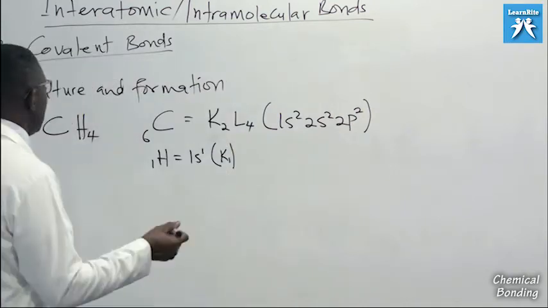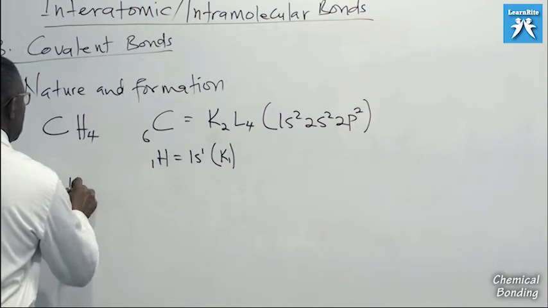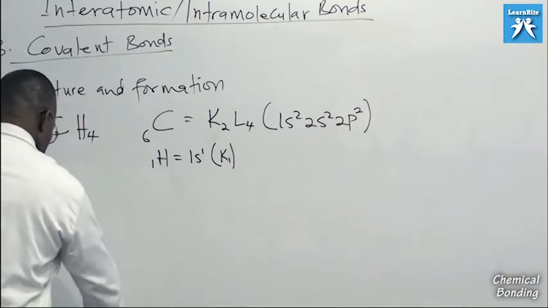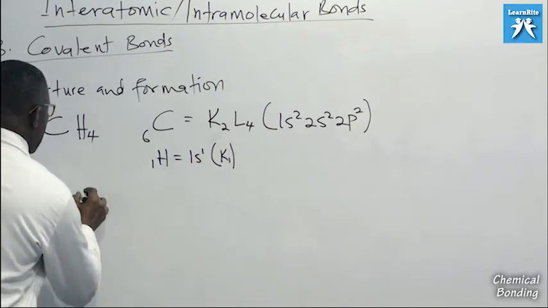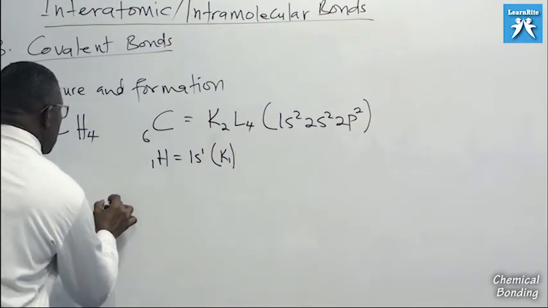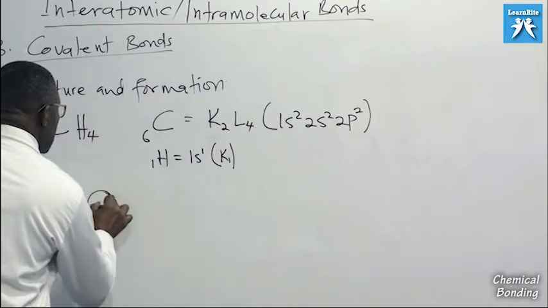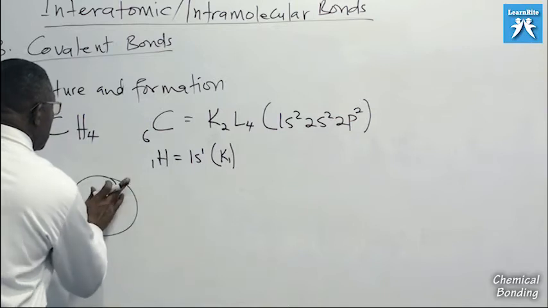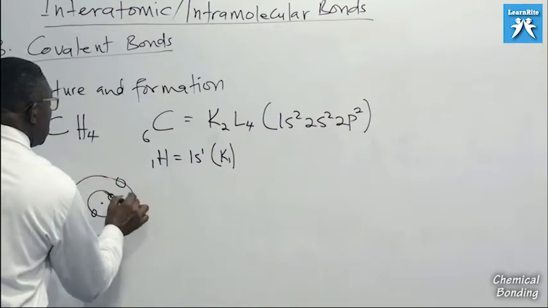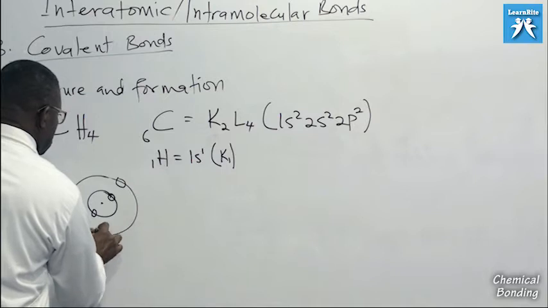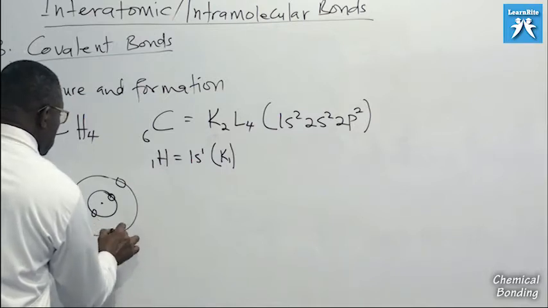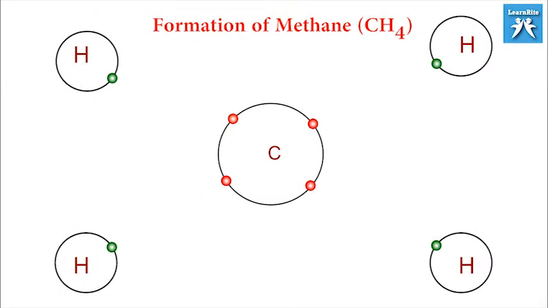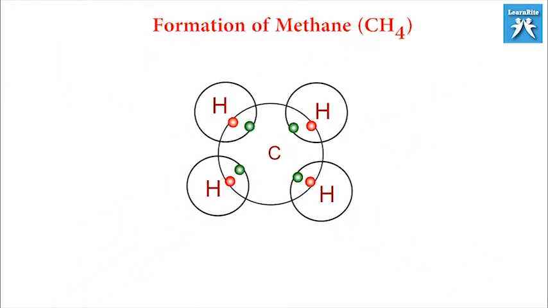So let's see how they form the bond. Hydrogen, carbon, let me just draw it straight away. The 2 electrons are here. The 4 electrons are there. So it will form bonds with 4 hydrogen atoms.